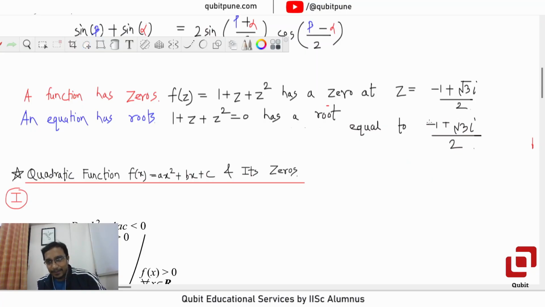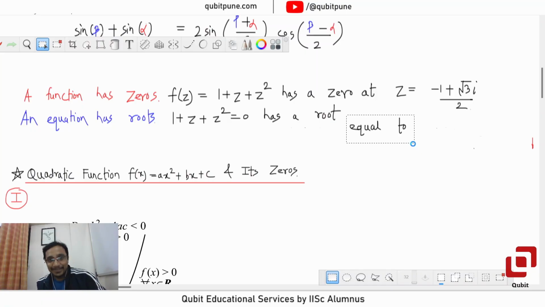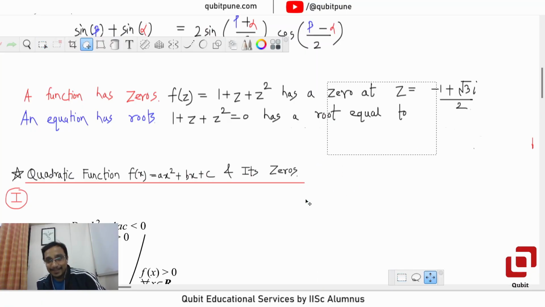Well, are you aware of a function called the Riemann zeta function?